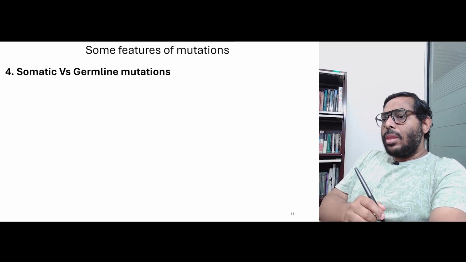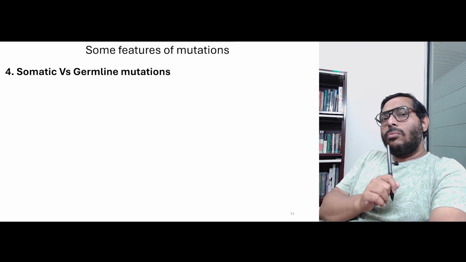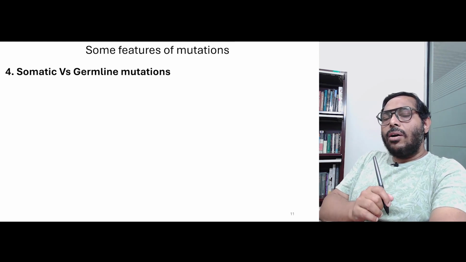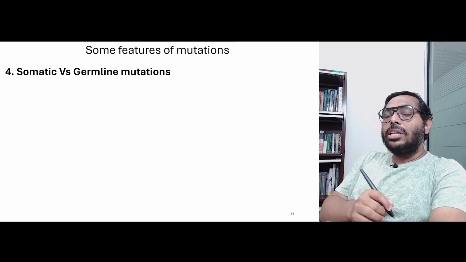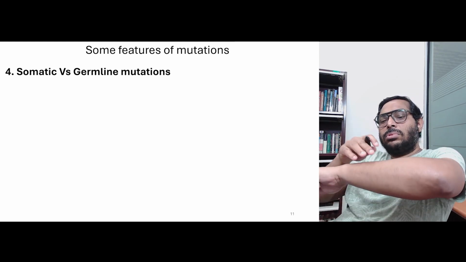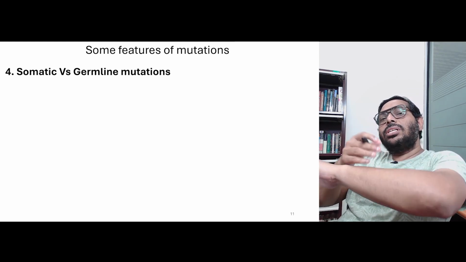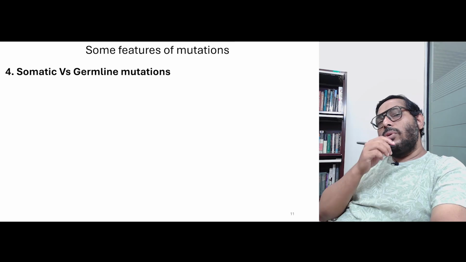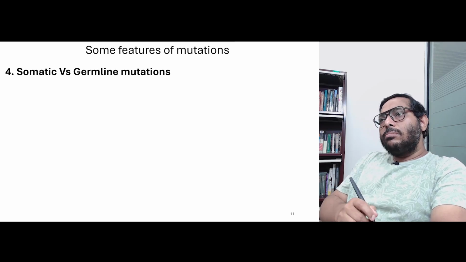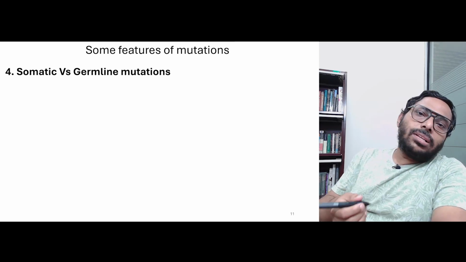Now, think about what is going to be the fate of a mutation which happens in a somatic cell. Suppose there is a cell in my hand which has become mutated. What will happen? In terms of its effect on me, obviously it will have an effect.